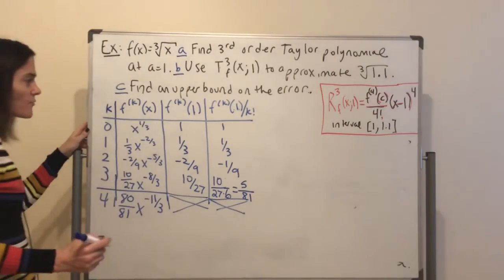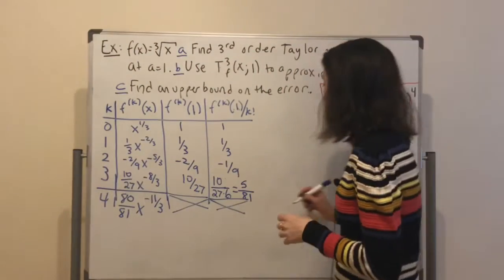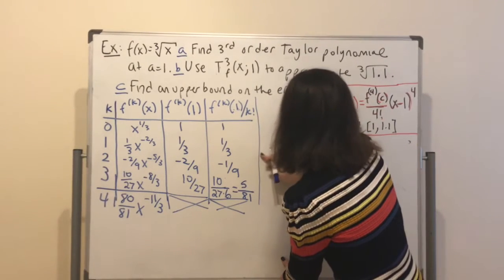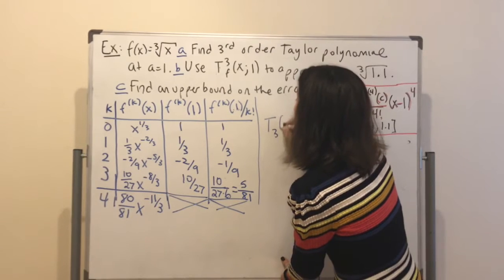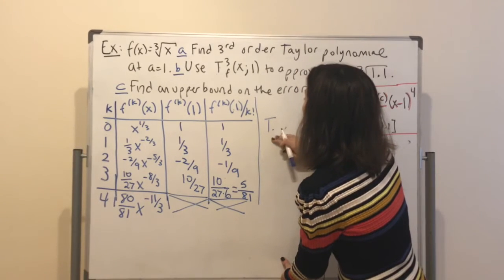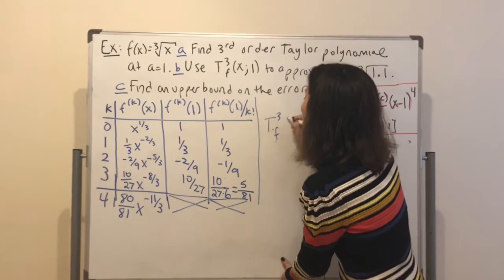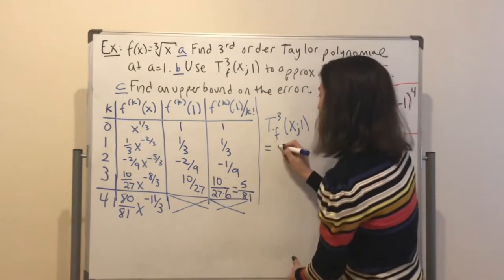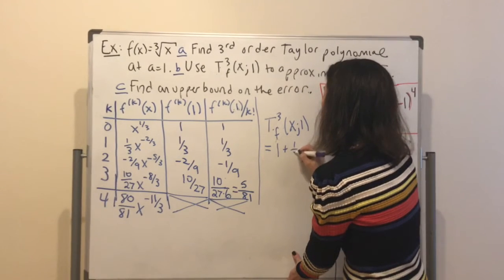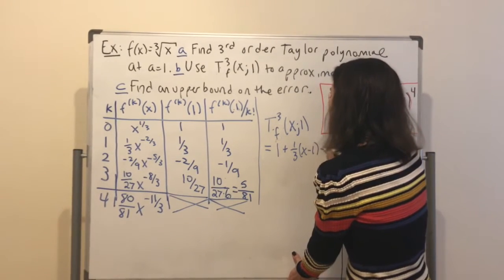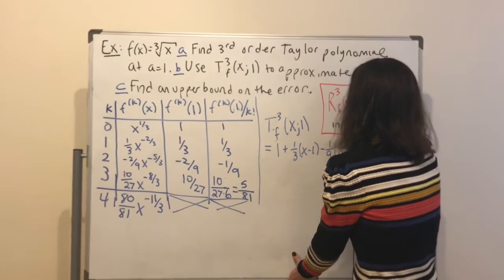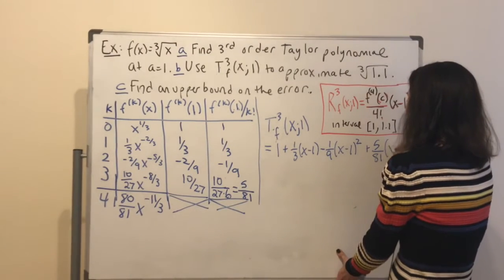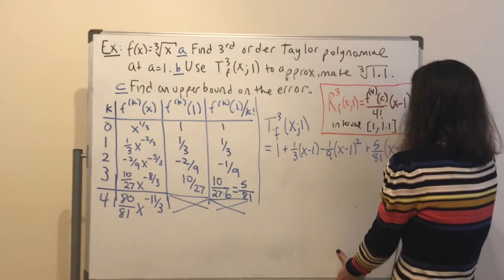Okay, so now for my third order Taylor polynomial, maybe I'll put a line right here. T3 of f, oh, no. I started writing my indices in the wrong place. So this is 1 plus 1/3 (x minus 1) minus 1/9 (x minus 1) squared, and then plus 5 over 81 (x minus 1) cubed.